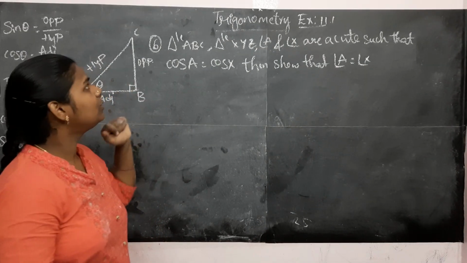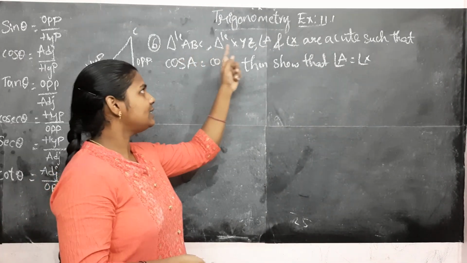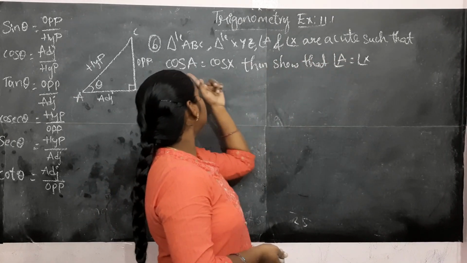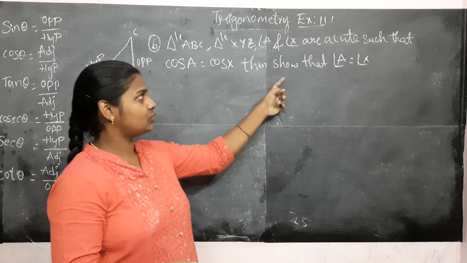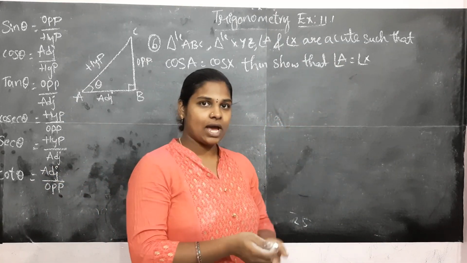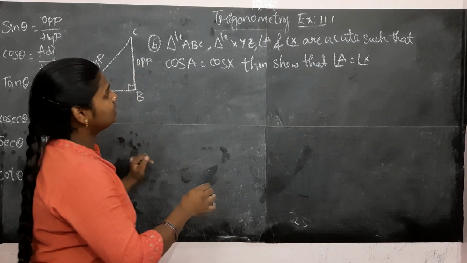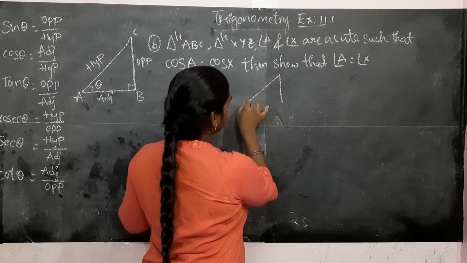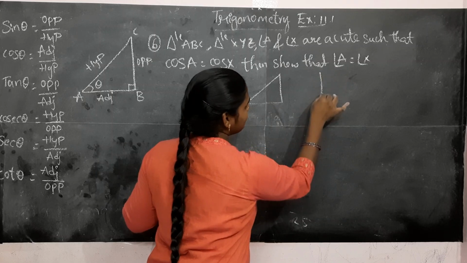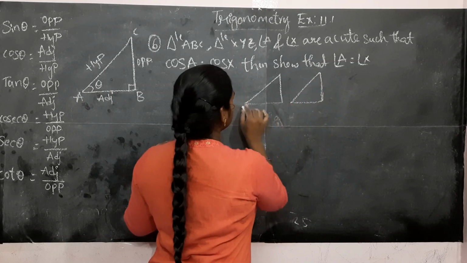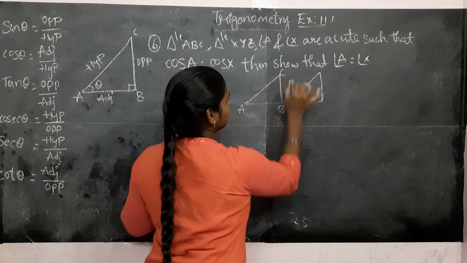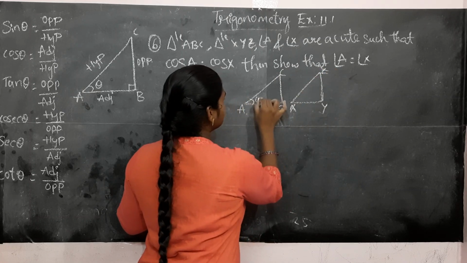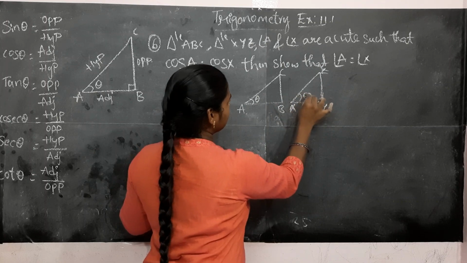For the sixth problem, they have given that in triangles ABC and XYZ, angle A and angle X are acute such that cos A is equal to cos X. Then show that angle A is equal to angle X. So let us solve this. Let me draw two triangles, ABC and XYZ, with this angle being theta.